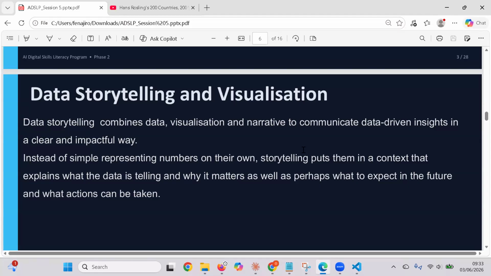But prior to AI, most of this data storytelling was really hard because, one, you need to understand the data, you need to understand the context of what is needed to produce for stakeholders to understand your storytelling.